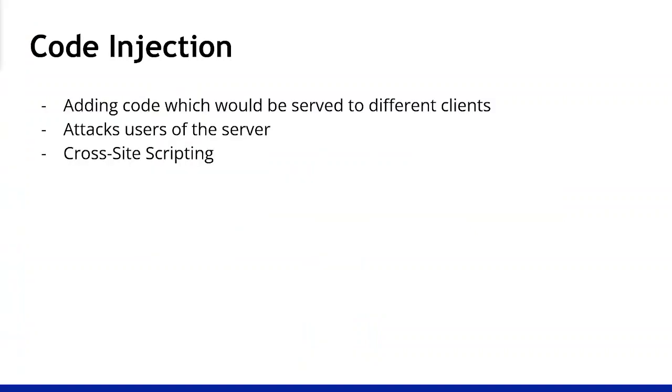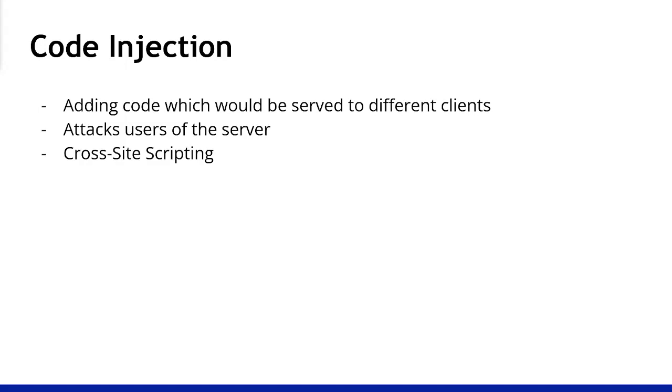So this process is typically known as code injection. This is where an attacker will add code in a way so that the malicious code is served to different clients. Code injections typically only attack the users of a server, not the server itself, though it could be a step in the process of attacking the server.